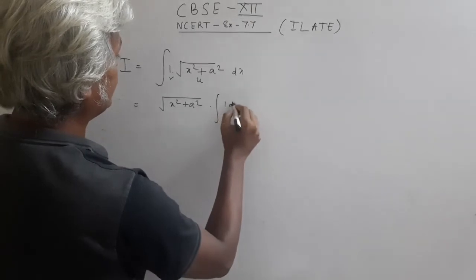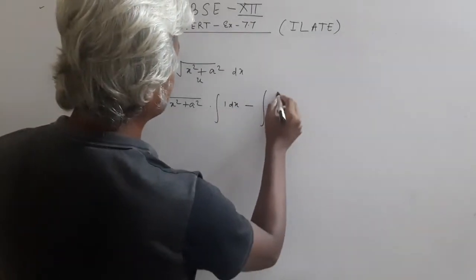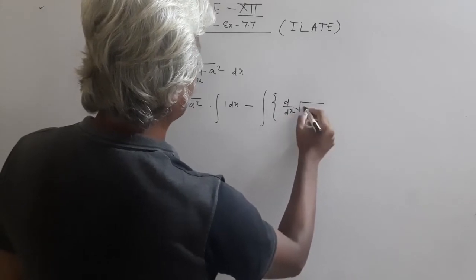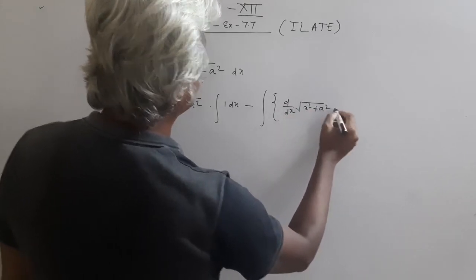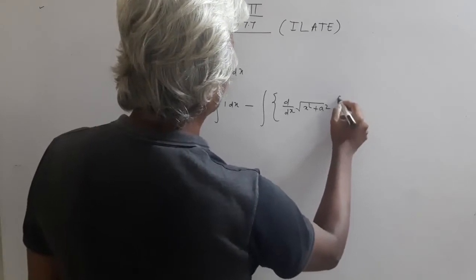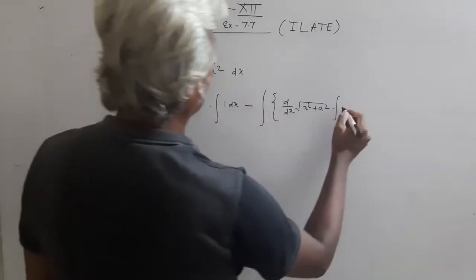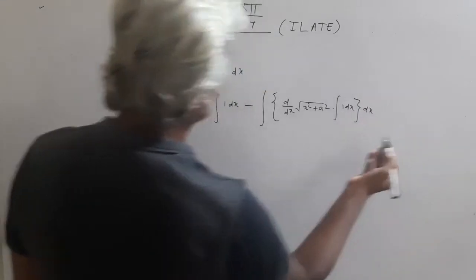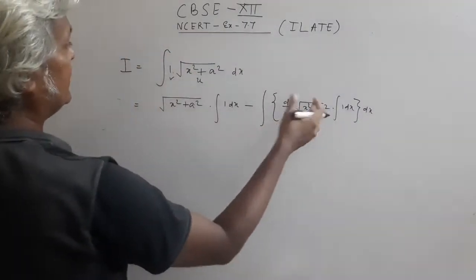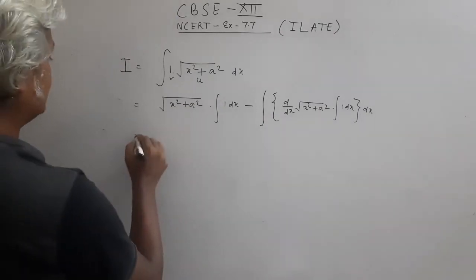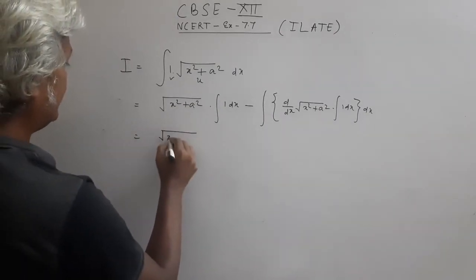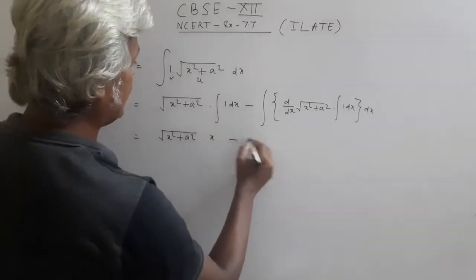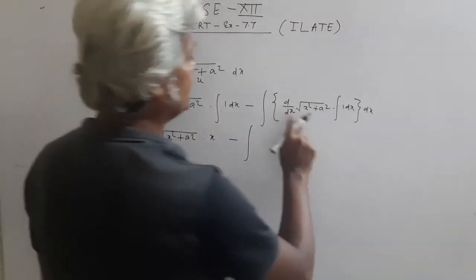Integration of 1 dx minus integration of the differentiation of what was unchanged, that is under root x square plus a square, multiplied with the integration of 1 dx again, and dx. This is the rule of uv. So this becomes under root x square plus a square, integration of 1 dx is x, minus integration of the differentiation of root x square plus a square.